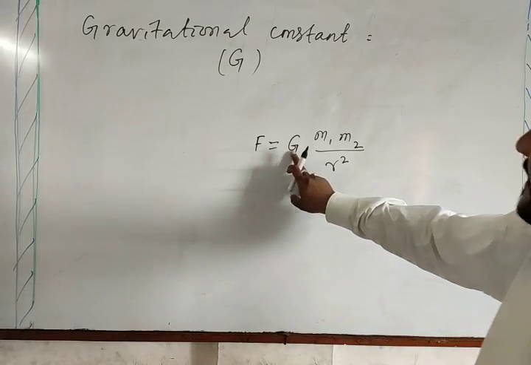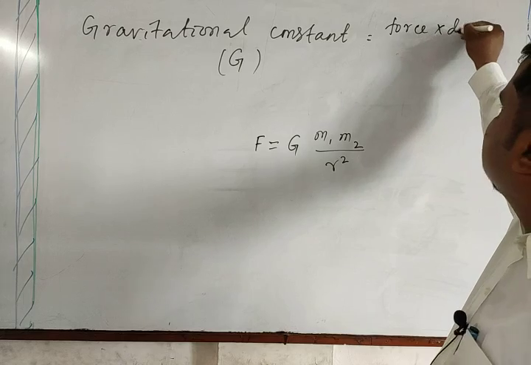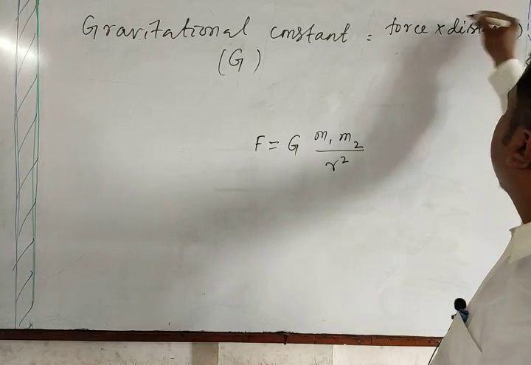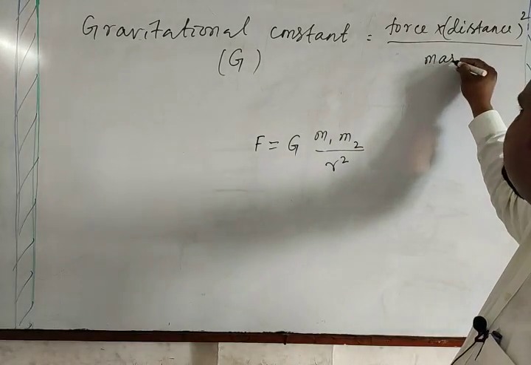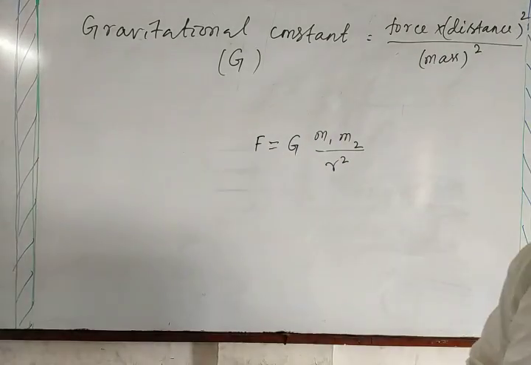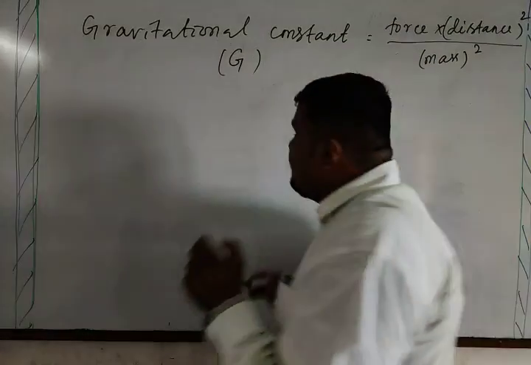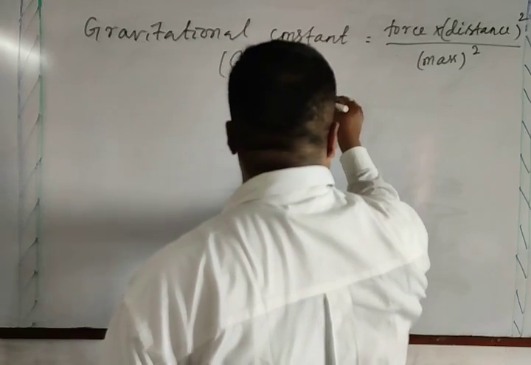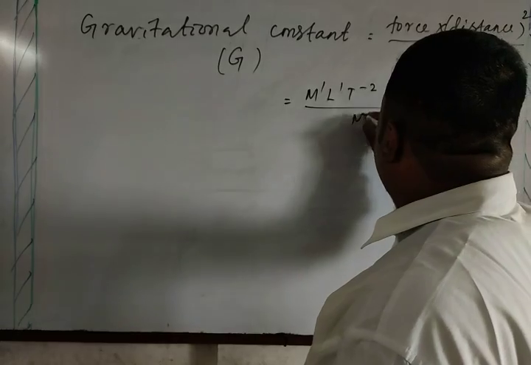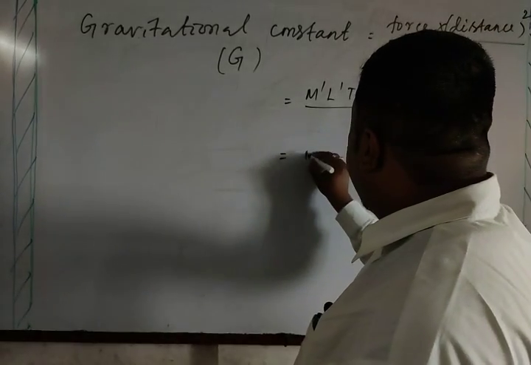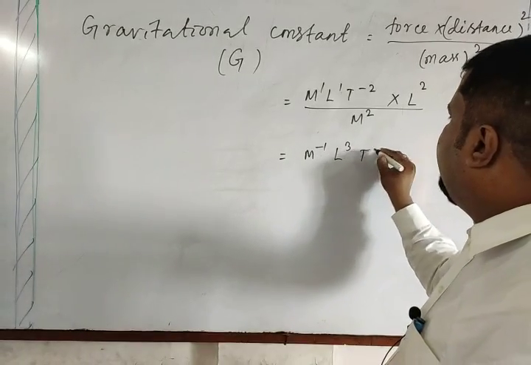From this expression, if I find the dimension of the gravitational constant, G is equal to force into distance square, divided by m1 into m2. These are the masses, and in dimension there is no difference, so I can write mass square. Then force is M1 L1 T minus 2 and distance is L2, divided by M2. So if you write this as M minus 2 plus 1, that is M minus 1, L3 and T minus 2.